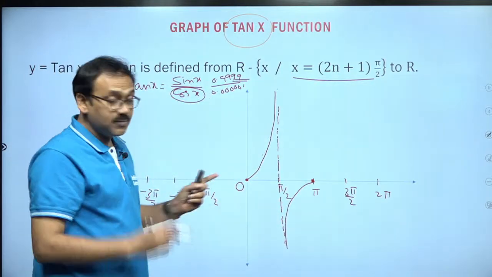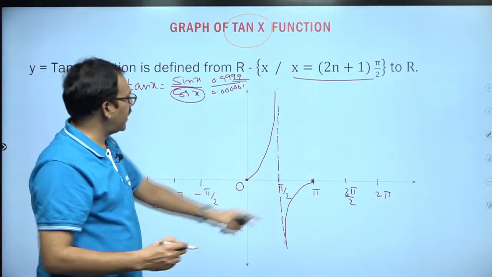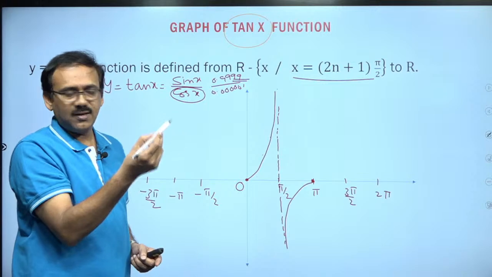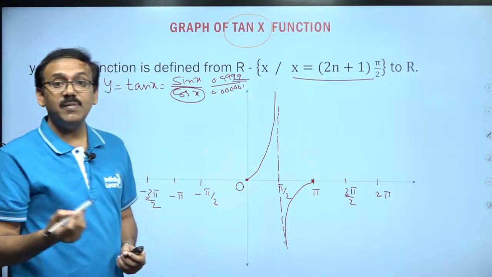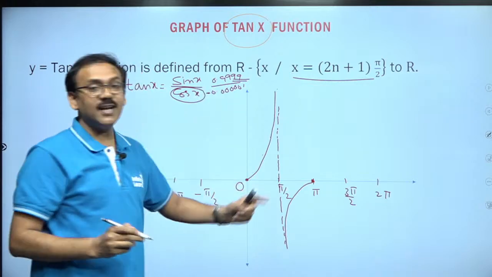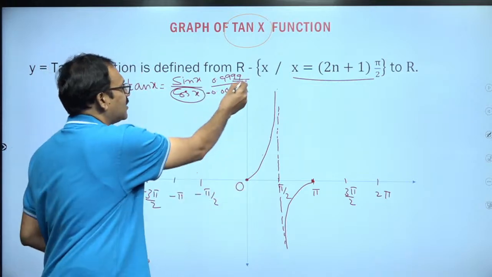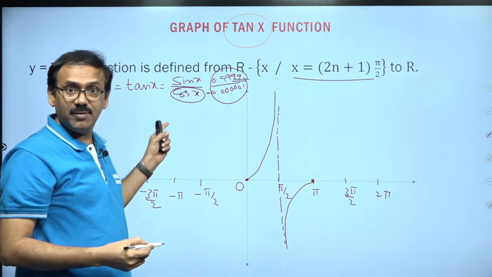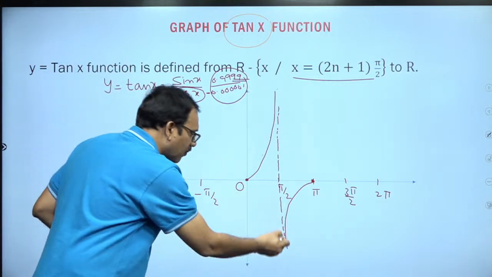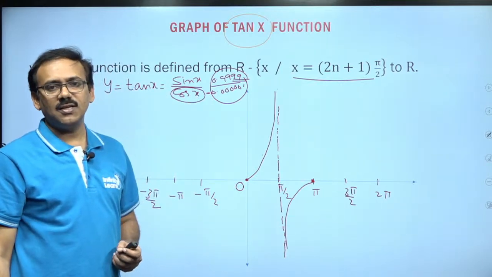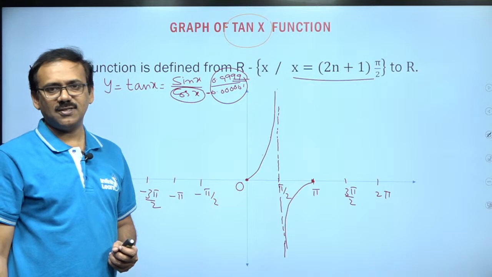You see, just you are taking pi by 2 right side, sine will be almost 1, positive 0.999, whereas cos will be almost 0, but negative 0, negative number. So, friend, this magnitude will be very big like infinity, but minus will be there, so it goes to minus infinity. So, that is the speciality in this particular graph, my dear students.